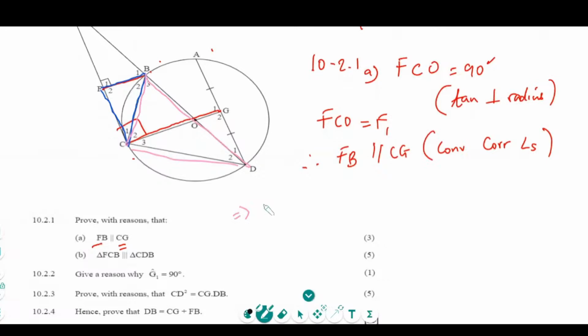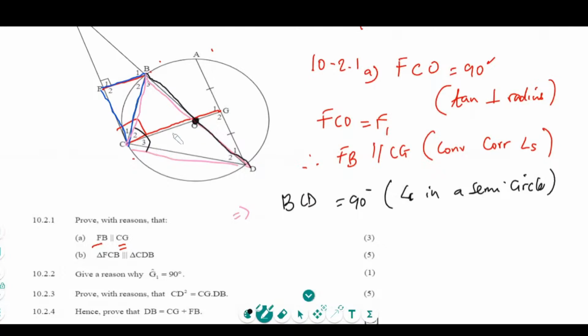So what we can do, we can start by saying the whole of BCD, which means C2 and C3, is a 90. The reason that I'll give is angle in a semicircle. So why are we saying angle in a semicircle? Because we know that BD is a diameter. So as long as that's a diameter, this is going to be a 90.